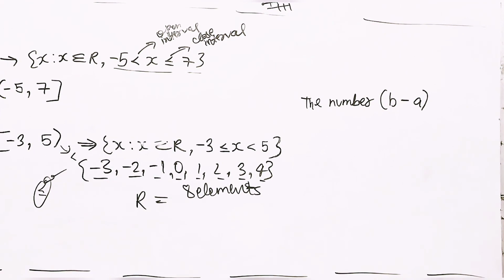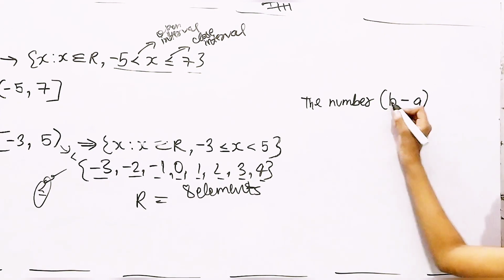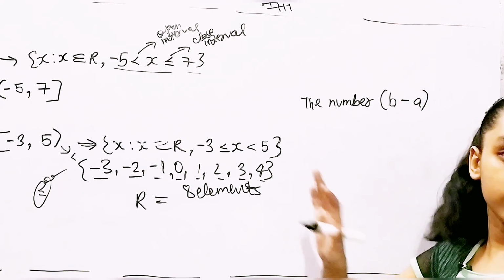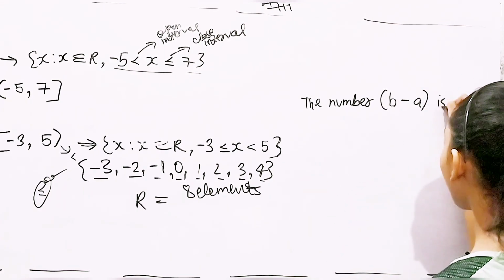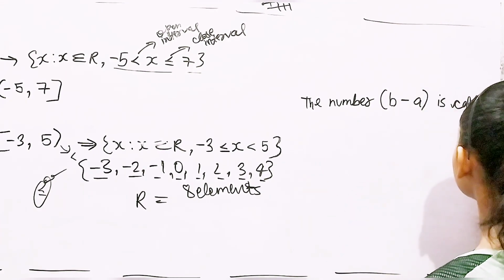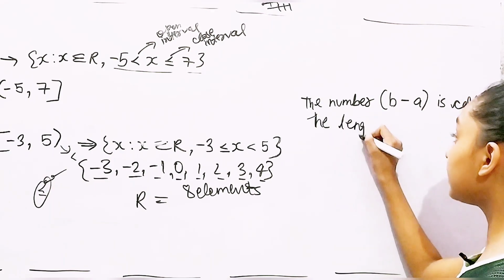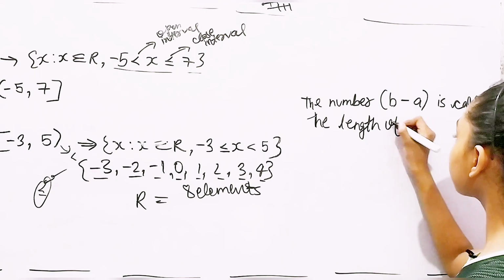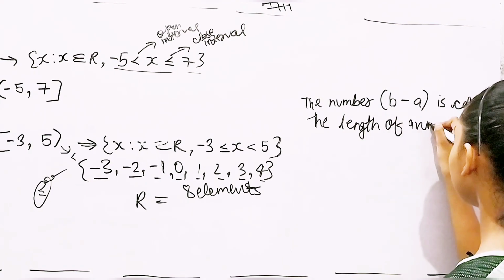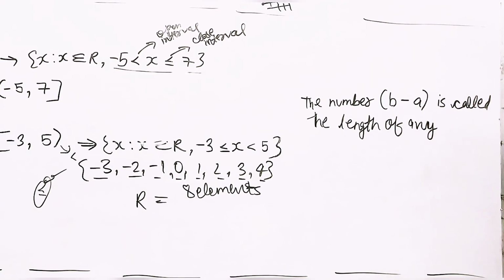If we have b minus a in an open interval form, it's called the length of any interval. So we can say it's going to be a half closed interval, an open interval, or a closed interval.